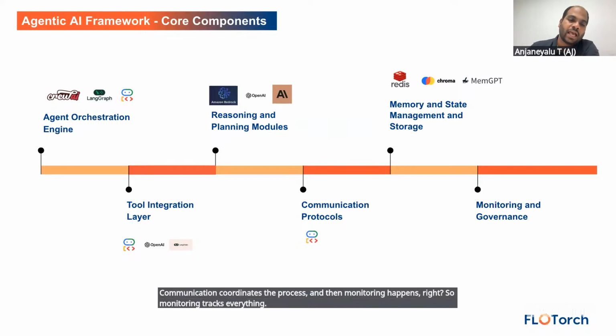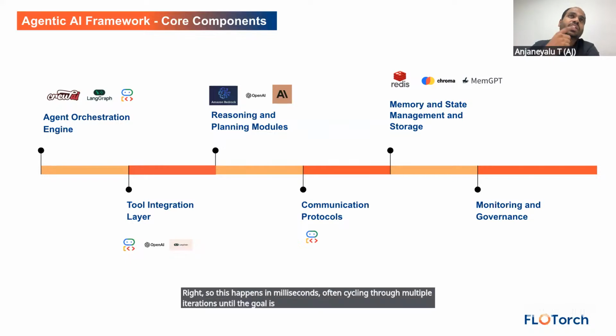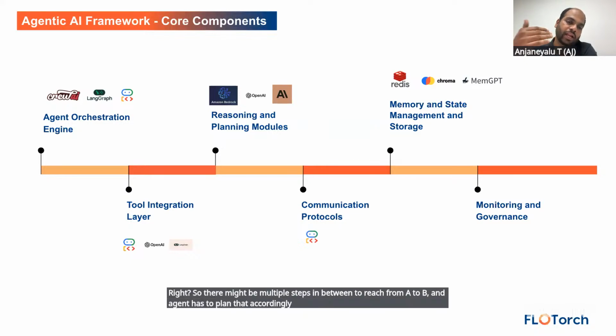This happens in milliseconds, often cycling through multiple iterations until the goal is achieved. It's not like I'm just moving from A to B. There might be multiple steps in between, and the agent has to plan accordingly and move to achieve the goal we have mentioned.